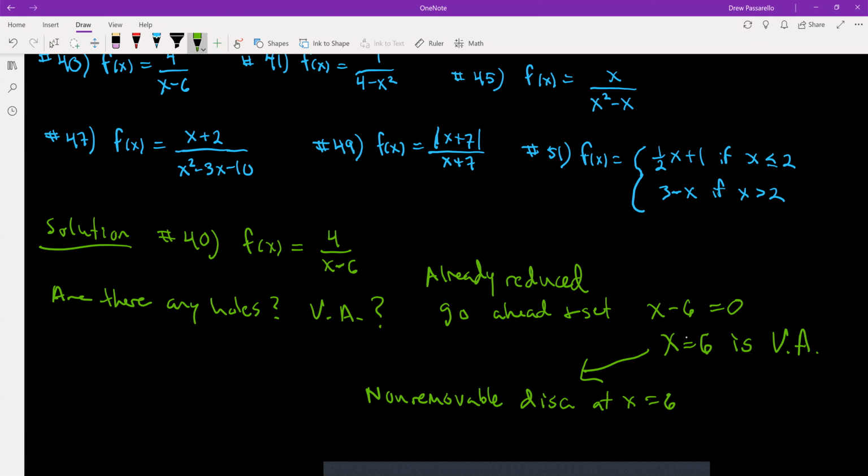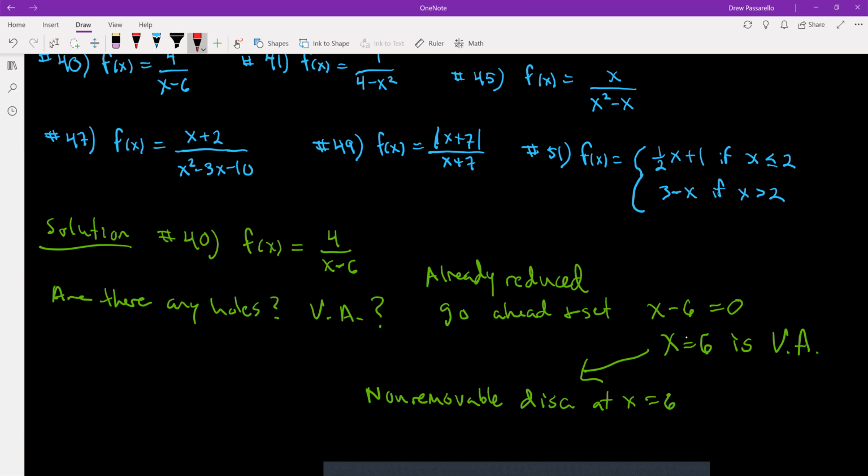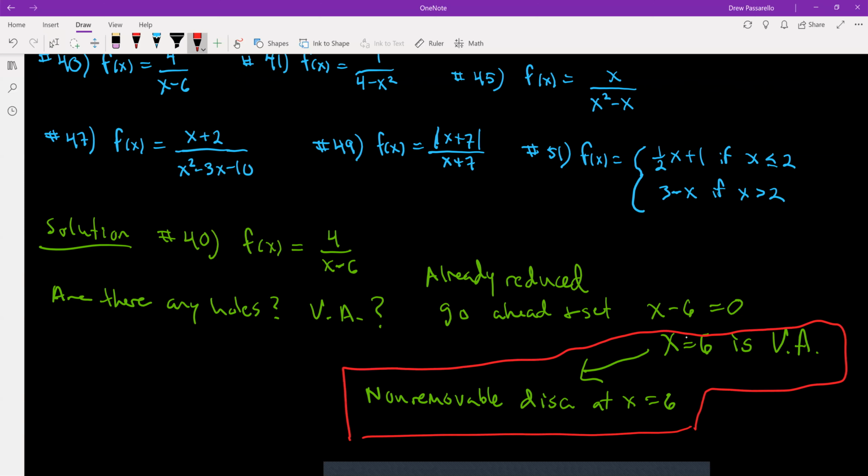All right, so that's the answer for that one. There are no holes because there's no factoring I can do to cancel out common factors. It's just a vertical asymptote at 6, and a vertical asymptote is always a non-removable discontinuity.